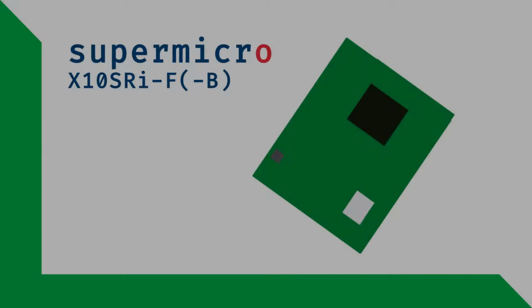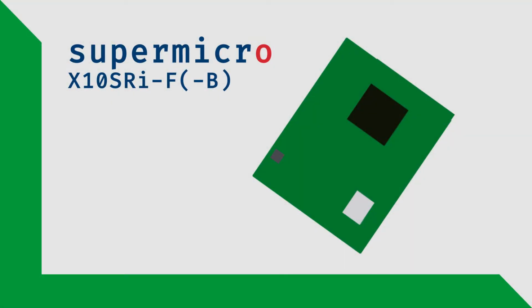As for the board, I've chosen a pre-owned Supermicro X10SRi-F based on the venerable C612 chipset. Though a bare-bones board, it still offers a lot of features, most of which we won't be utilizing.